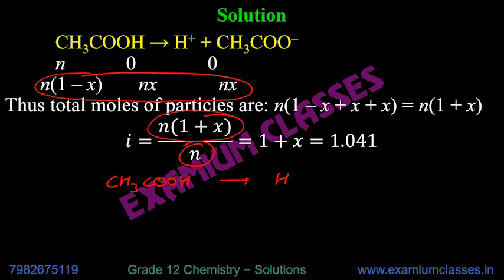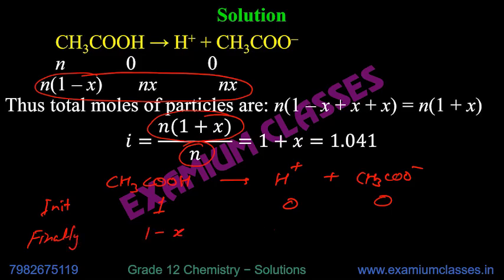You could have considered it like this also. CH3COOH gives you H plus and CH3COO minus. Initially you say this is 1 mole and these are 0. And after, 1 minus x, x, x.